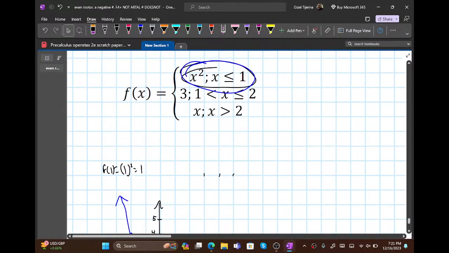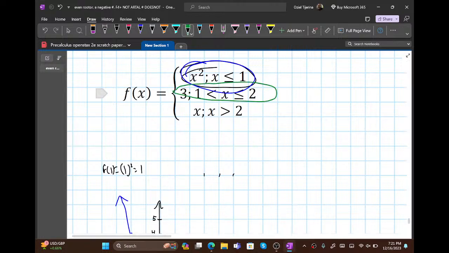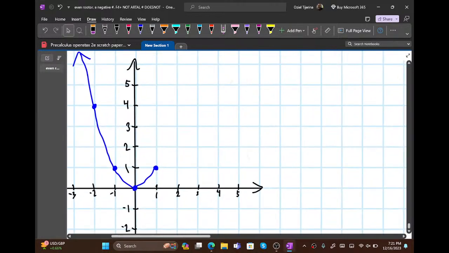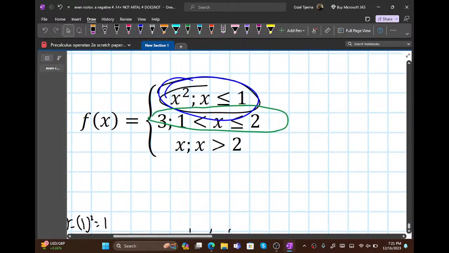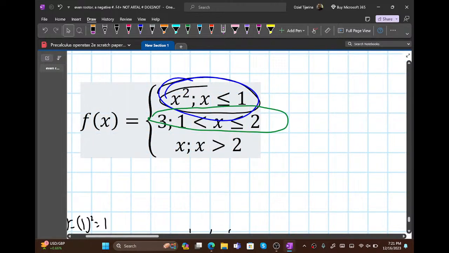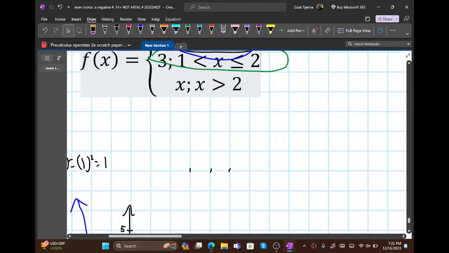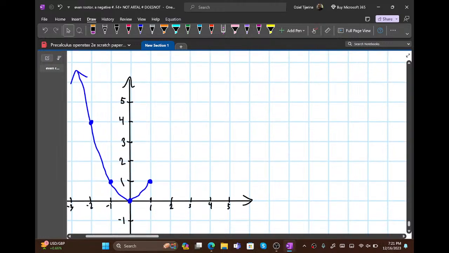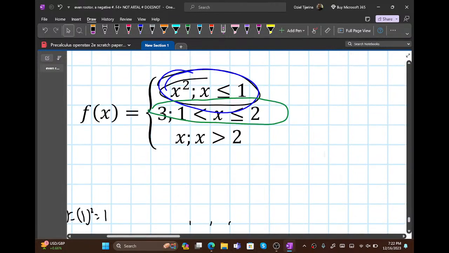Now the second one is f of x equals 3 from 1 to 2, but at x equals 1 it is not included. So we know that it is a constant function, but it is not defined at x equals 1, so it's going to be an open circle at 1 comma 3, and then a horizontal line from there, from 1 to 2.